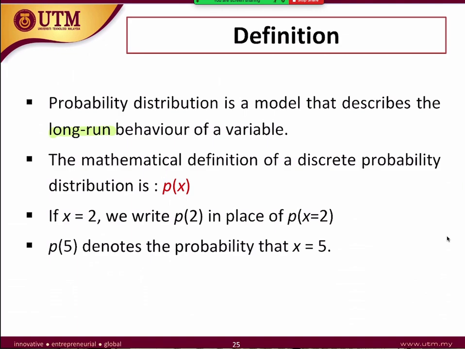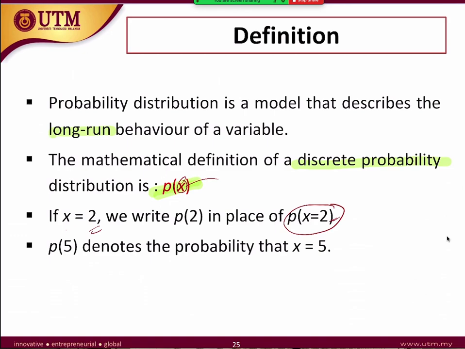For discrete, remember this is for discrete, probability is represented by small p(x), and x here represents the number of possible outcomes that we want to measure. For example, if we want to see a certain value of an event with 2, we usually write it as P(X = 2).